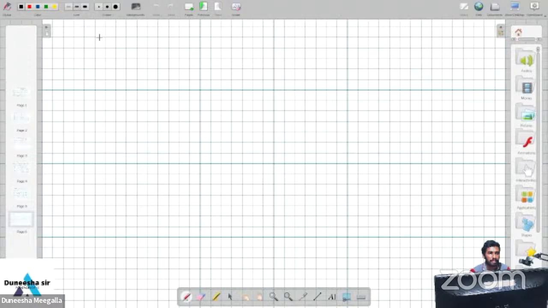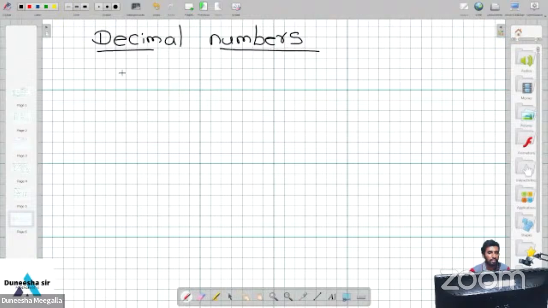Then we're going to discuss the decimal numbers. What are the decimal numbers?